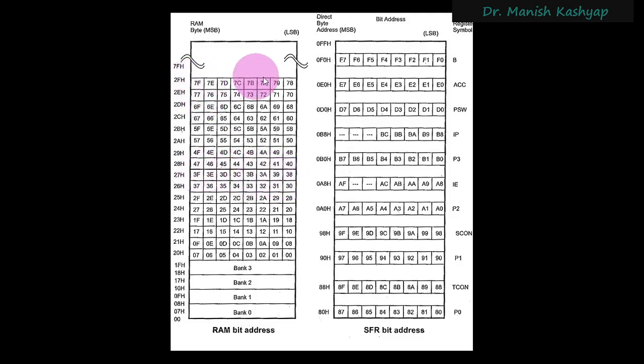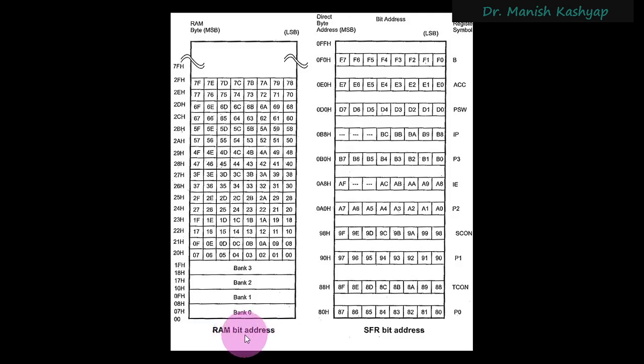So this is a bit addressable location. 16 registers are available, which are of 1 byte each, and each bit can be programmed separately by various programming instructions, right? After that, there are these 80 locations of 1 byte each which are used for general purpose things. So this is the complete structure of random access memory.